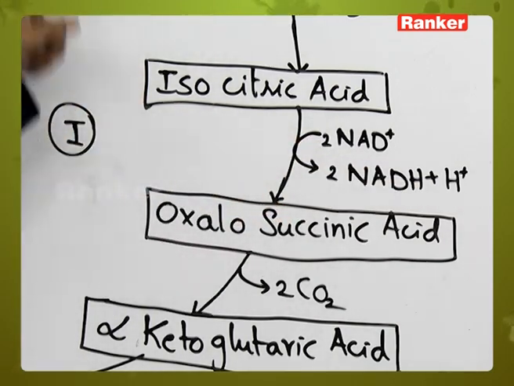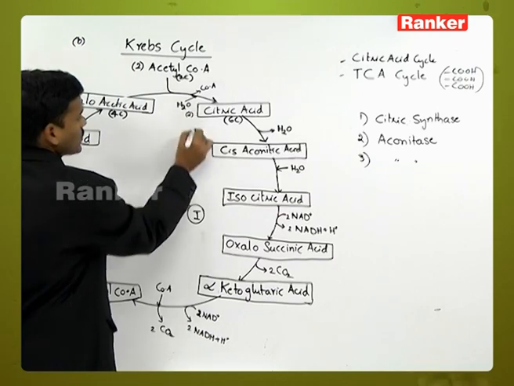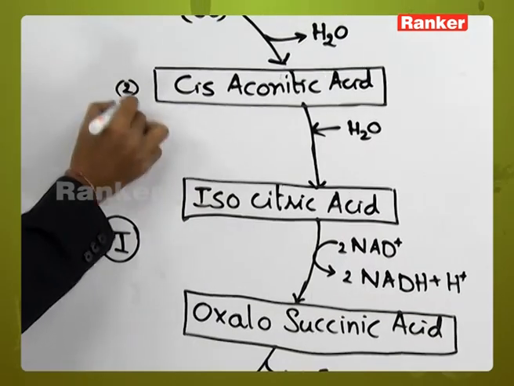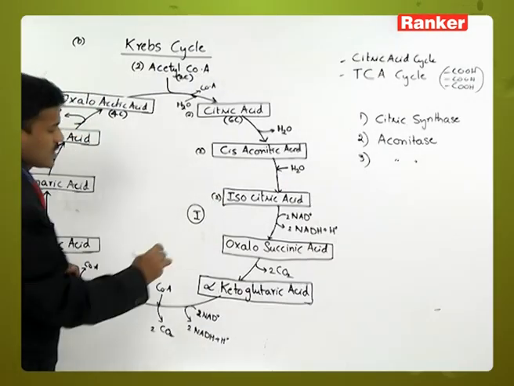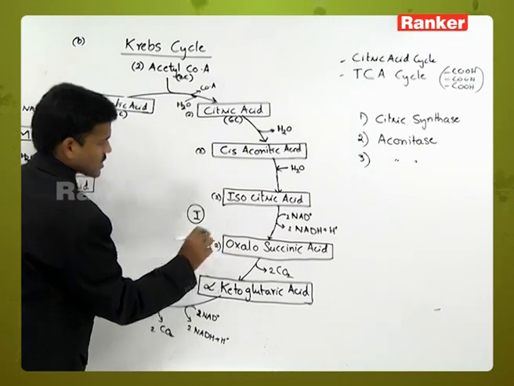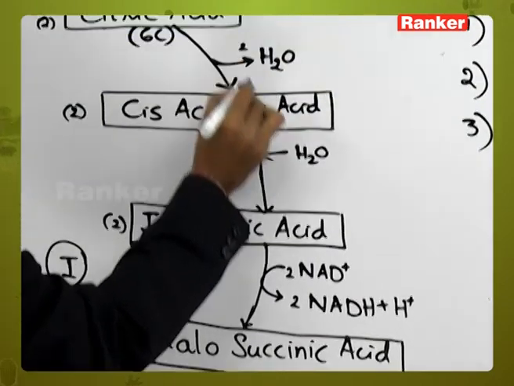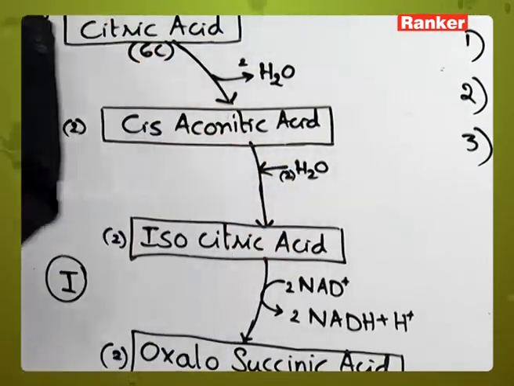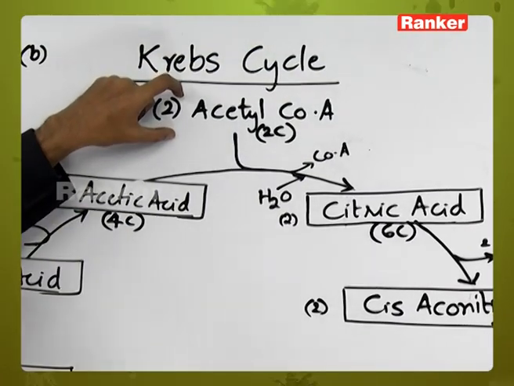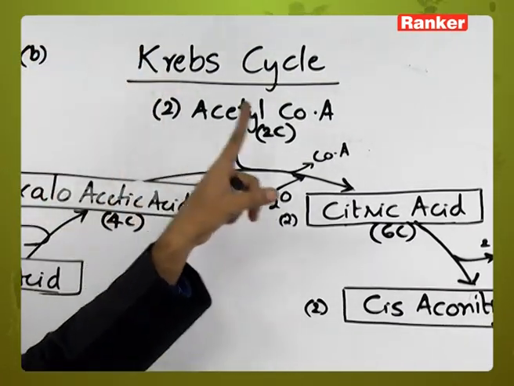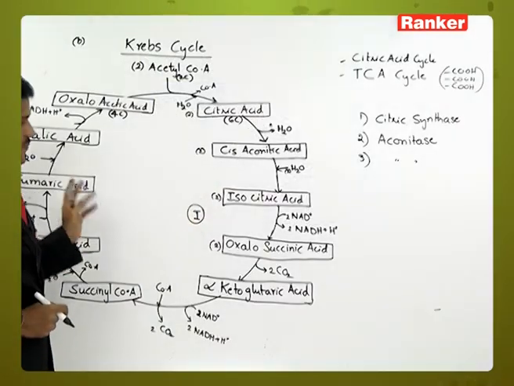These are two molecules only. Two citric acid molecules, two cis-aconitic acid, two isocitric acid molecules. Next, two oxalosuccinic acid molecules. So all are two molecules only. If one acetyl coenzyme A were involved, all would be only one. Here two acetyl coenzyme A molecules are involved, so there are two cycles.